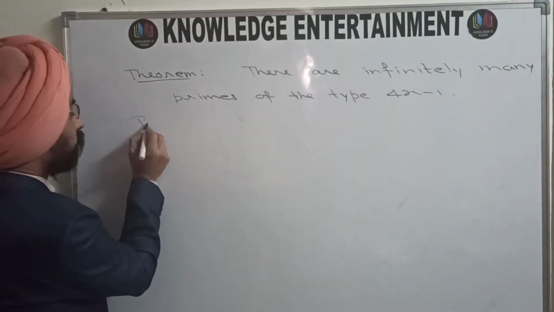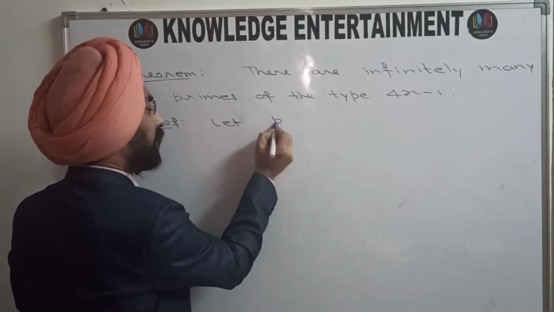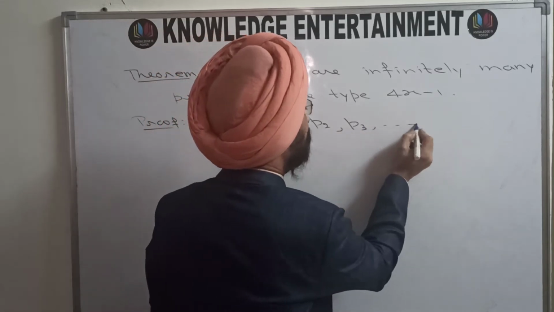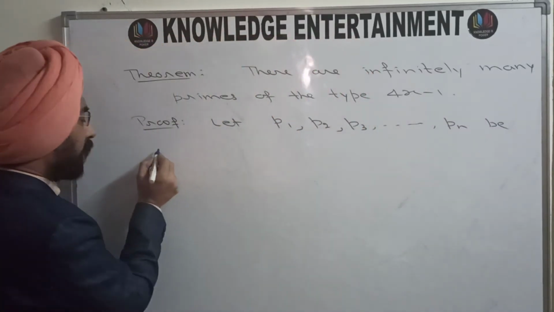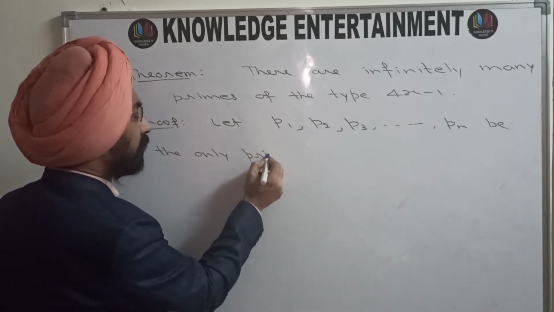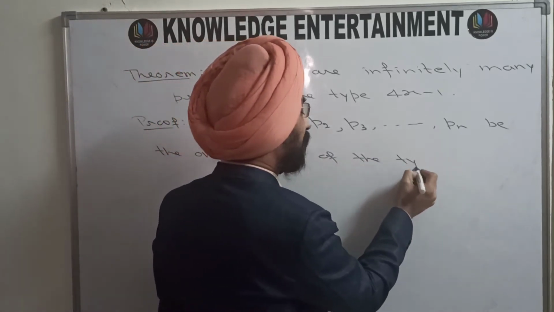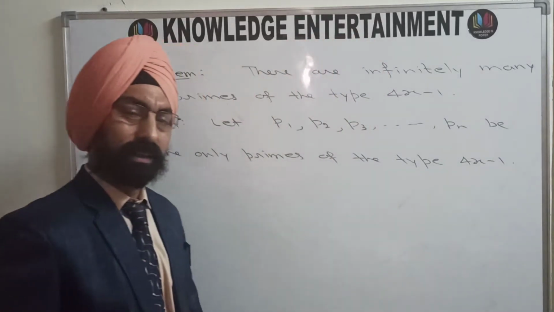For the proof, let P1, P2, P3 and so on up to Pn be the only primes of the type 4x minus 1.